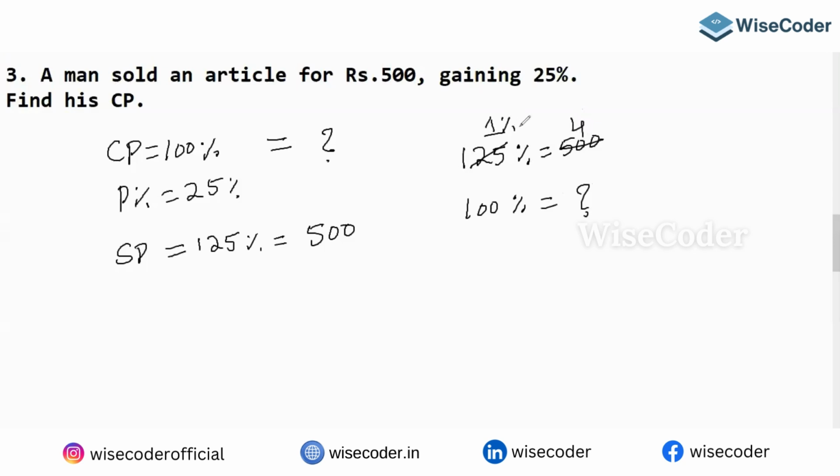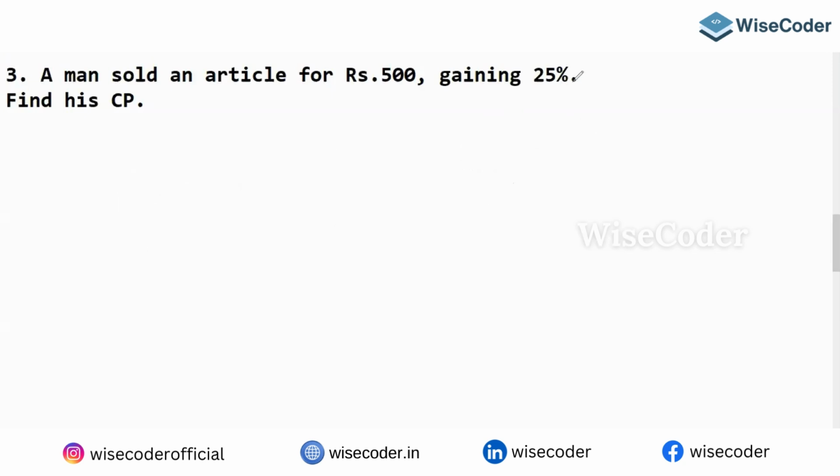Then 1% is equal to 4, then 100% is equal to 400. So the cost price of that particular article is 400. Let's go to the next question.